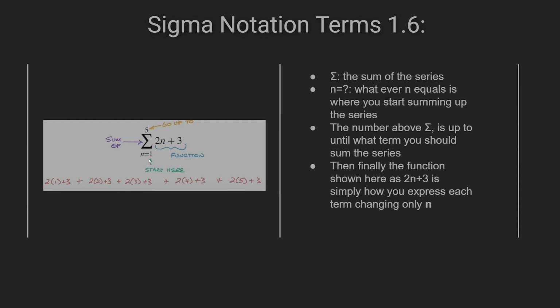The number above is up to what term you should sum the series. And finally the function shown here as 2n plus 3 is simply how you express each term changing. So the bottom is the start, the right is a function, the top is where you stop, and the whole thing is a sum.